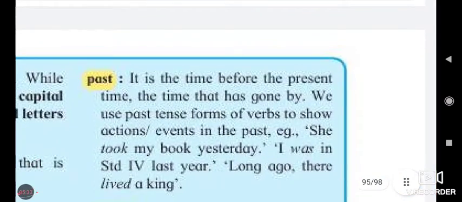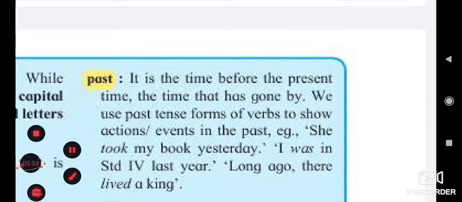Next is past. It is the time before the present time, the time that has gone by. We use the past tense form of the verb to show actions and events in the past.